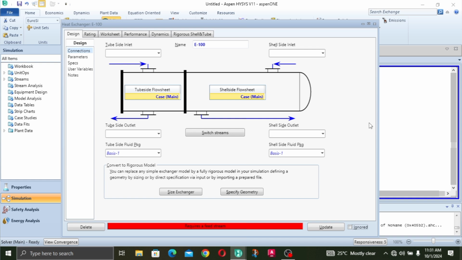Let's talk about the safety factors first of all. Imagine a scenario where you're dealing with a hazardous fluid and a non-hazardous fluid to the environment. In an event where you place your hazardous fluid inside the shell, which is closer to the environment, and you place the non-hazardous fluid inside the tube, in an event of leakage from the shell, the hazardous fluid easily leaks to the environment, causing a safety factor disaster.